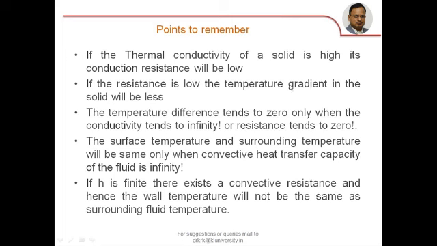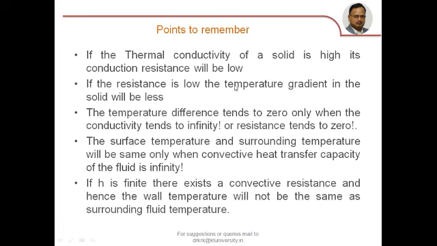So temperature gradient is equal to Q by KA, so K is again in the denominator. Understand? If K is high, resistance is low. Because the resistance is low, K is high, the dT by dx value will be low. Temperature gradient will be less.